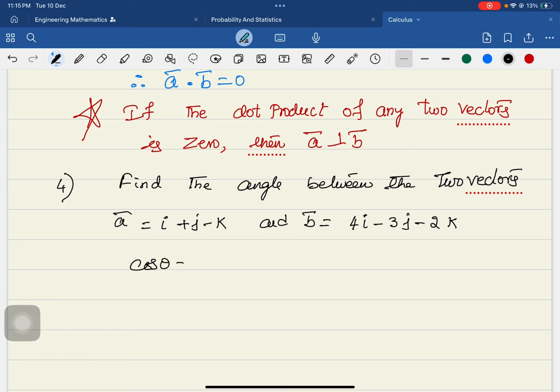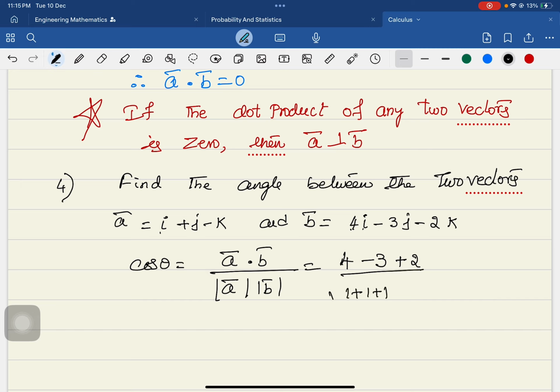Cosine theta is given by A dot B by mod A times mod B. The i component is 1 and 4, so it is 4, plus 1 into minus 3, plus minus 1 into minus 2, which is plus 2, over mod A, the square root of 1 square plus 1 square plus minus 1 the whole square, into the square root of 4 square, 16, plus minus 3 the whole square, 9, plus minus 2 the whole square. So that gives you cosine of the angle.